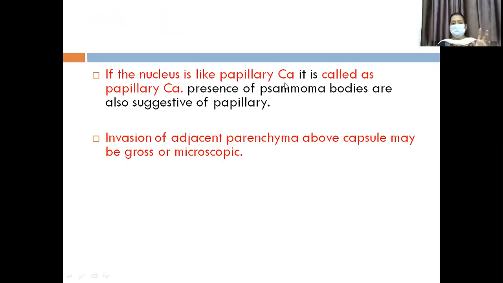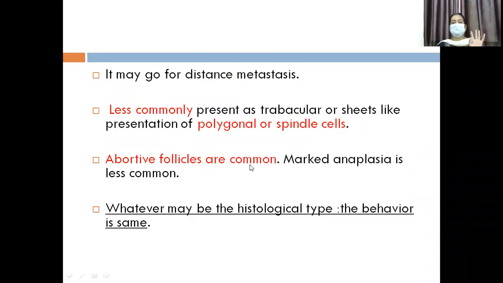Okay, so if the nuclear features are there, it is called papillary carcinoma, whereas invasion of adjacent parenchyma beyond the capsule is for follicular carcinoma. What we have seen sometimes is that there can be an embryonal part, like fetal follicles, can be there. Whatever may be the histological type in follicular carcinoma, the behavior is the same. Okay.